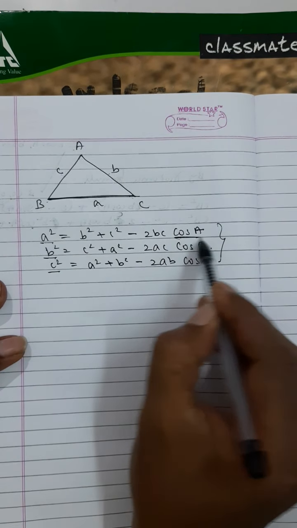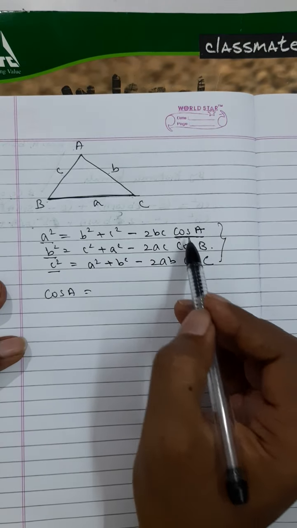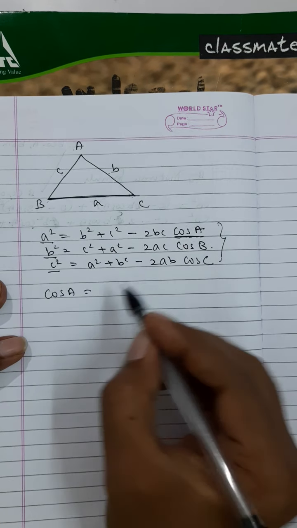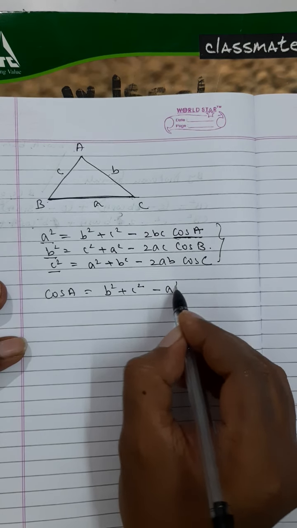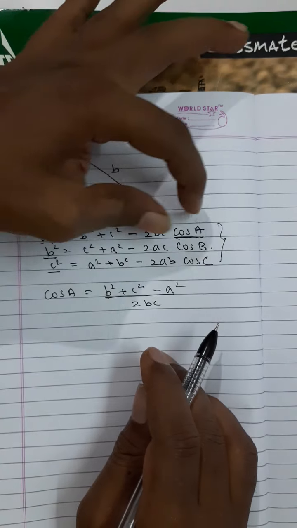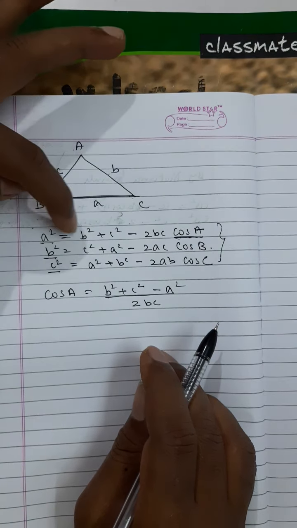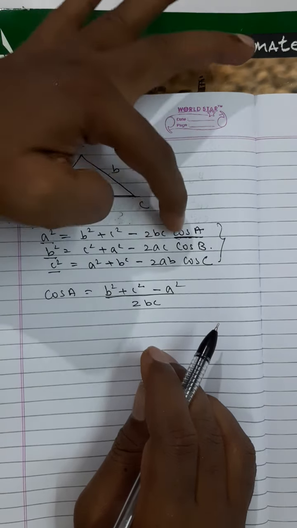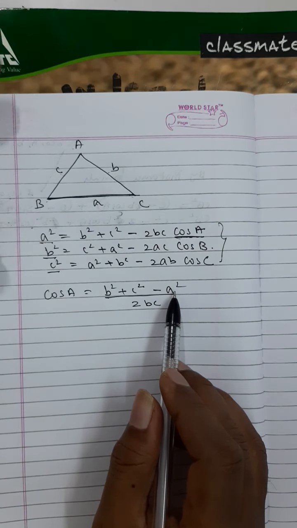For that, if I take cos A on one side, what does it become? If I rearrange everything, cos A is equal to b square plus c square minus a square upon 2bc. I shift 2bc over here, b square plus c square stays, a square goes over there, so it becomes b square plus c square minus a square, and then 2bc comes and divides.